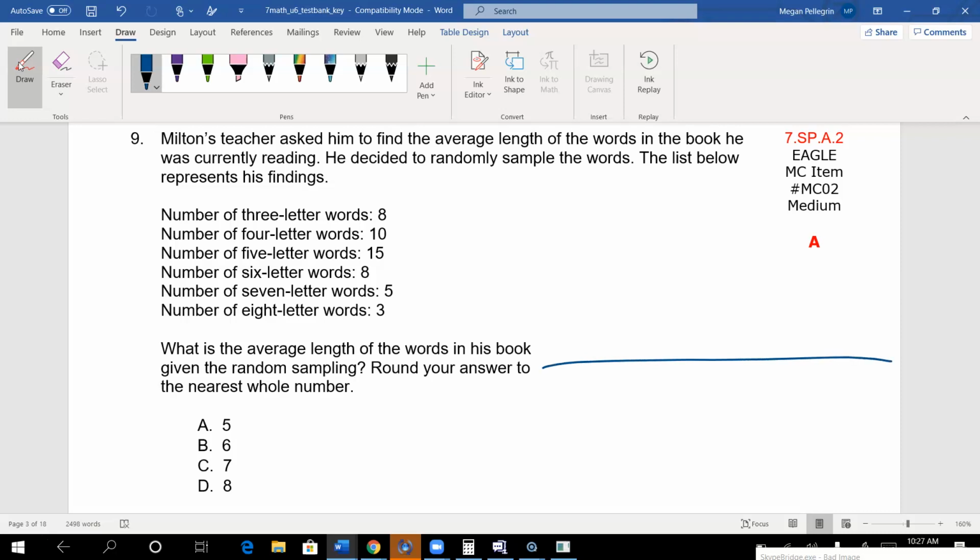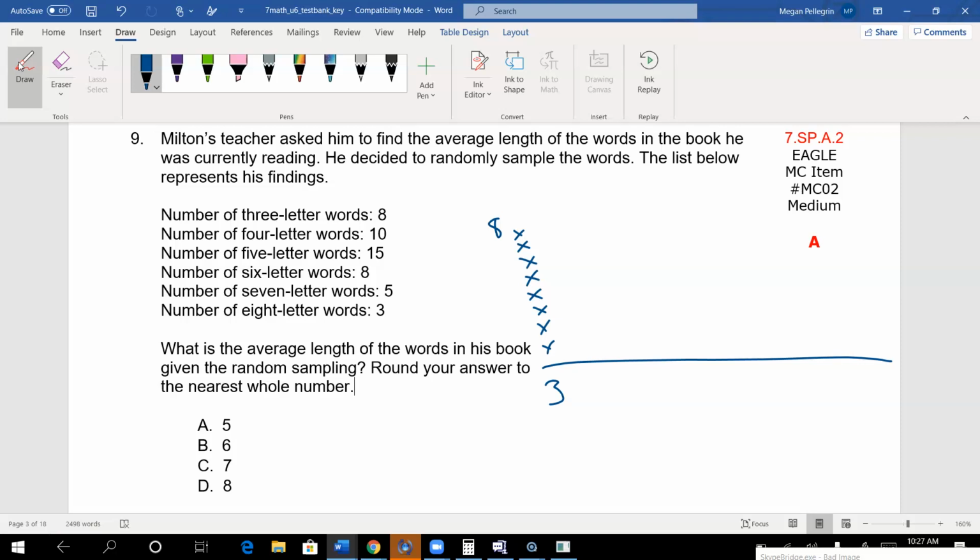Okay, so for 3-letter words, we had 8 3-letter words. 1, 2, 3, 4, 5, 6, 7, 8. I'm just going to make a little note.